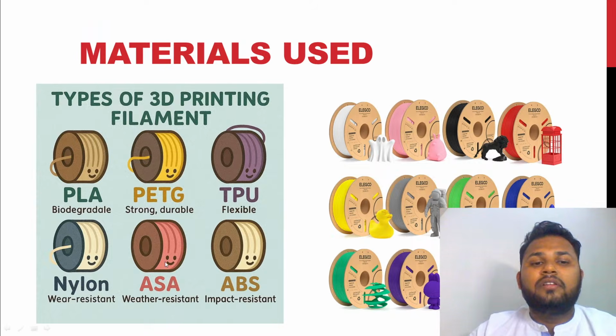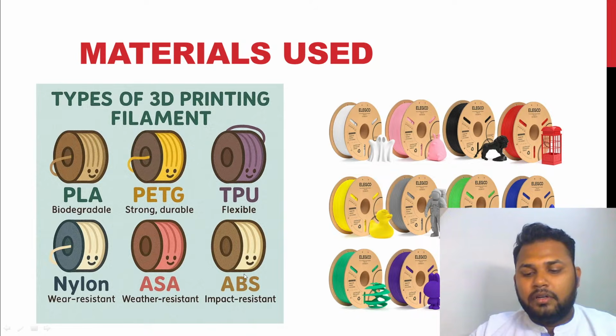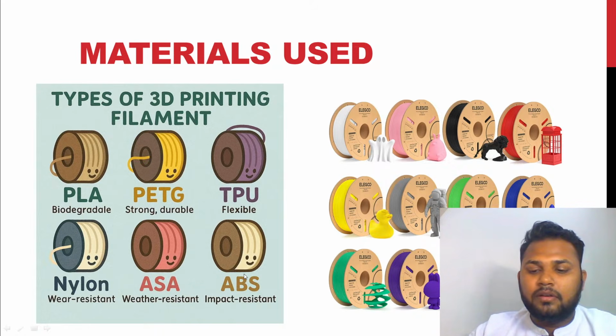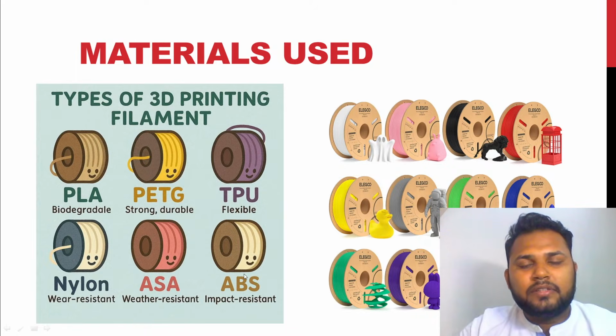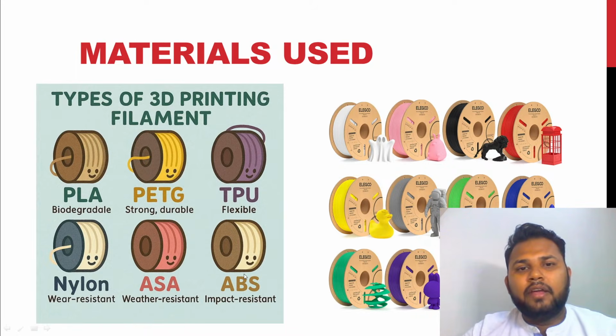ASA is another strong material. Usually people use ABS material. In your home, we generally use our plastic water bottle or your mobile case or any platform case, your laptop outer case, it consists of a plastic. So different kind of plastics we see in our daily life.